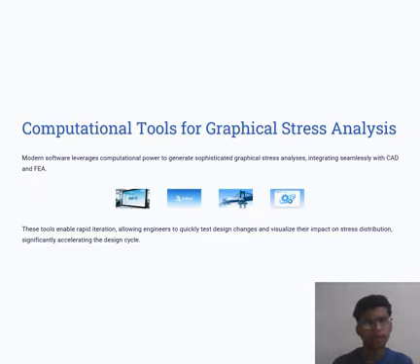These tools enhance rapid iteration, allowing engineers to quickly test design changes and visualize the impact on stress distribution, significantly accelerating design cycles for aerospace aircraft.